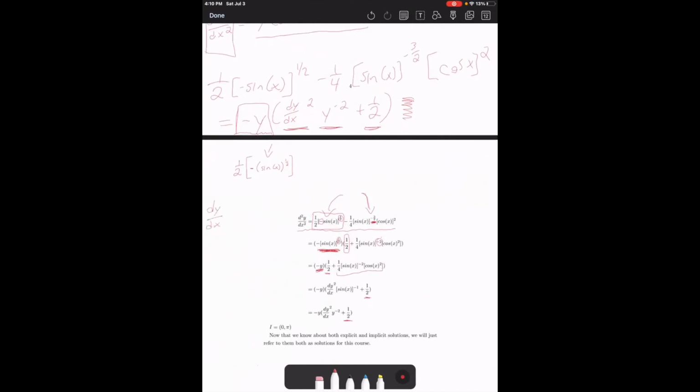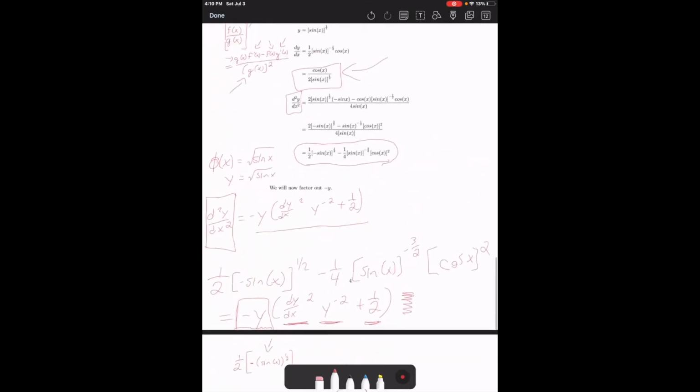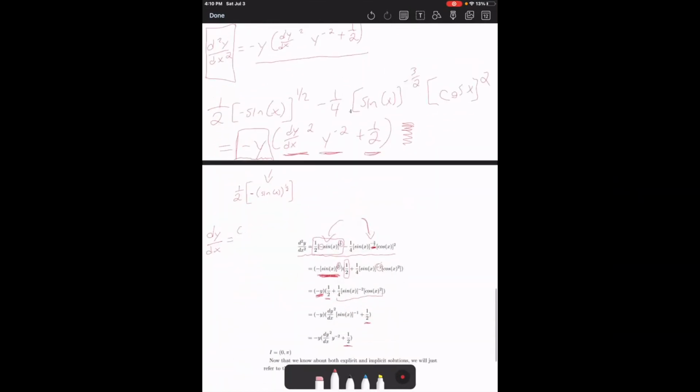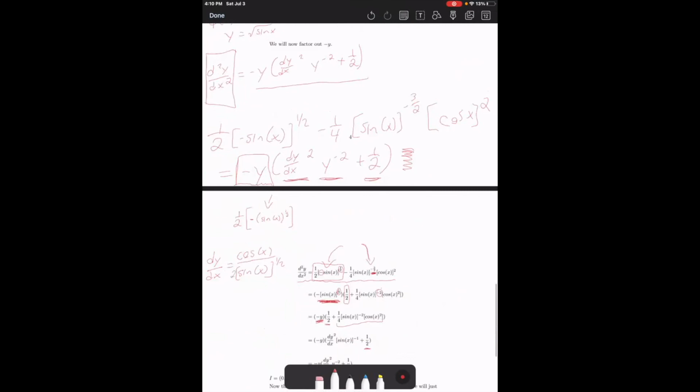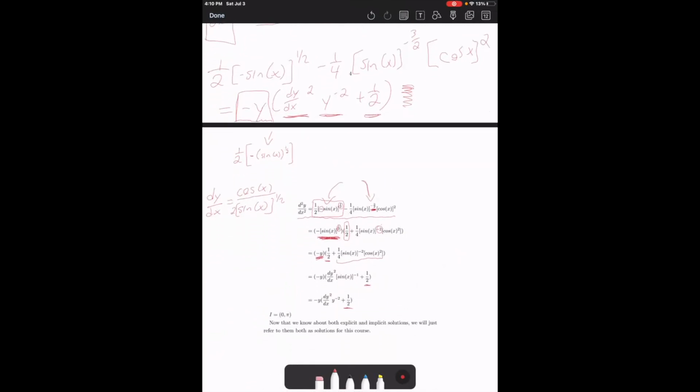Dy dx is equal to cos x divided by sine x to the 1/2 times 2. So we want dy dx squared. What do we actually get if we square that?